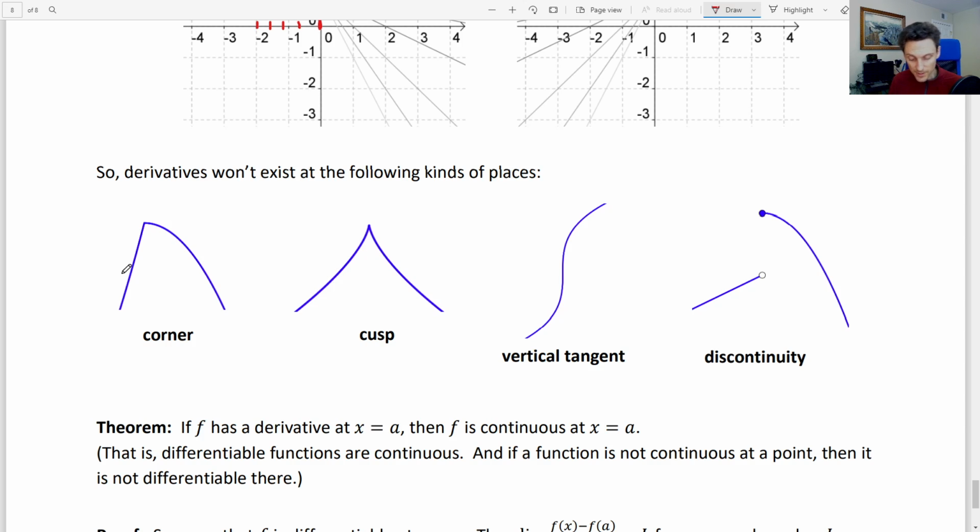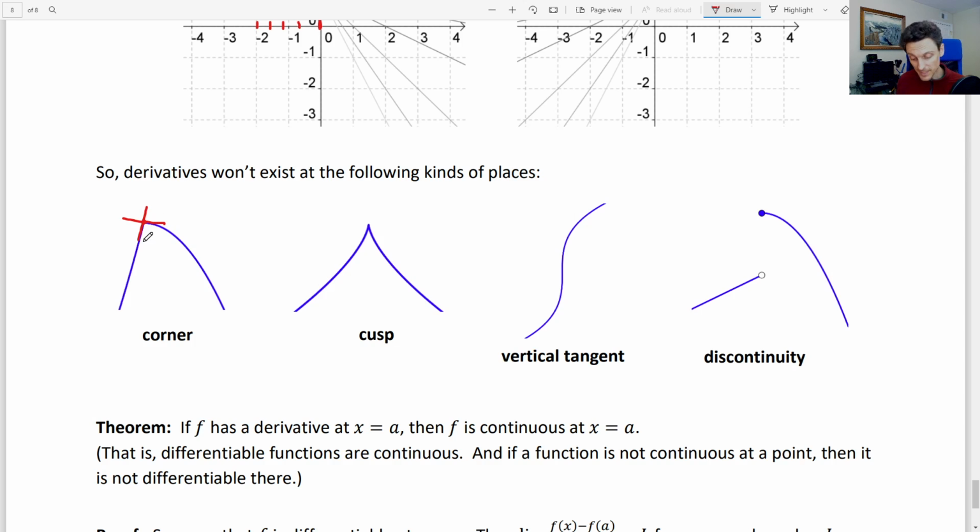A corner is just a place where you have a part of the curve and another part of the curve, and right there where the two curves meet, the curves are having different kinds of tangent lines. So here we have a positive tangent line. Here on the curve to the right, we have this negative tangent line.